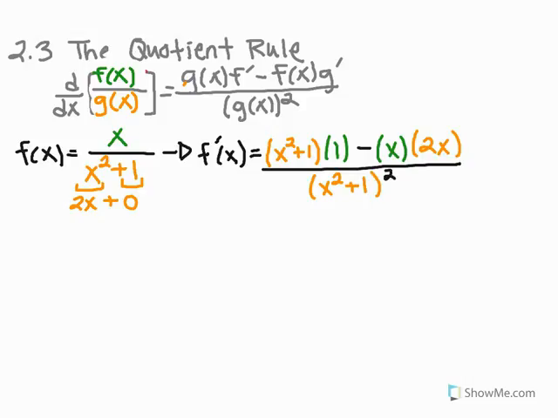And how am I going to reduce this or simplify it? Well, let's try some basic multiplication and simplification. So f prime of x equals, now 1 times x squared plus 1 is just going to be x squared plus 1. And since both of these terms are positive, the parentheses are not necessary.